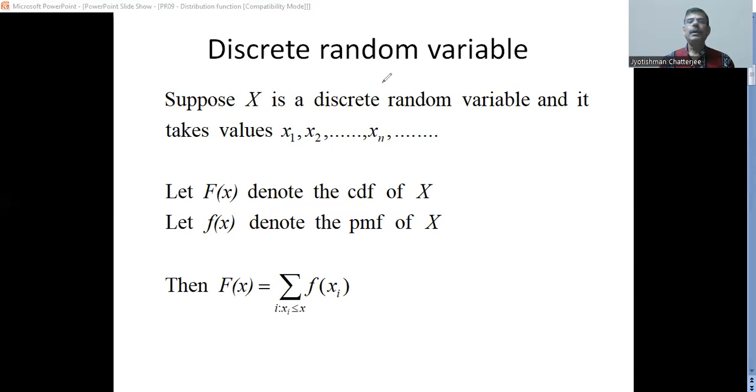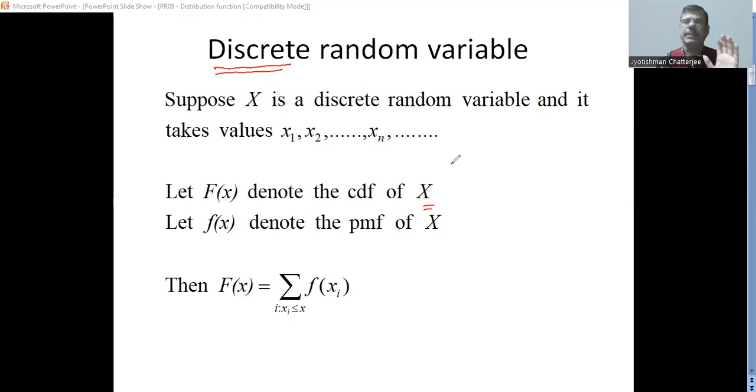Now, as we know, there are two types of random variables, discrete and continuous. First, let's assume that we are considering a discrete random variable, capital X. Please understand that while defining the cumulative distribution function, we do not need to assume the random variable to be either discrete or continuous.